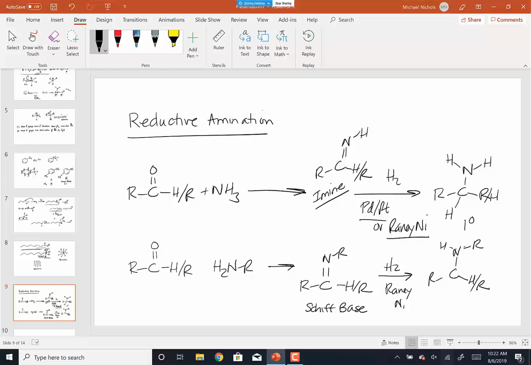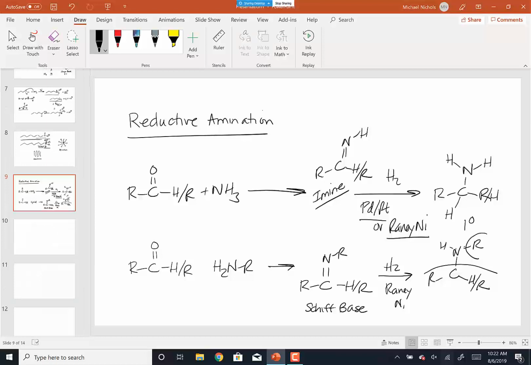And I'm choosing this group from the ketone or aldehyde, and I'm choosing this group from the primary amine that I use. So we can make a primary amine, we can make a secondary amine by reductive amination. Now let's make a tertiary amine.